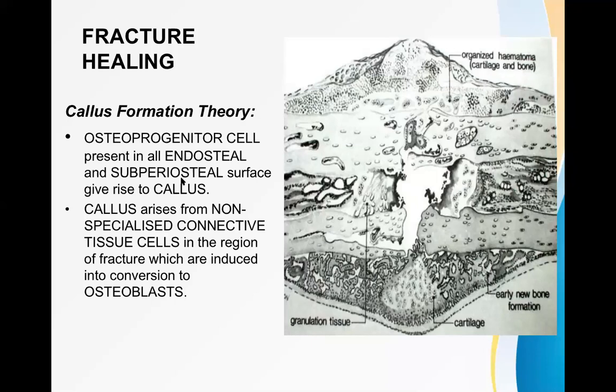Subperiosteal means the periosteum is the source, endosteal means the bone marrow side is the source. So again the same thing is coming. Slowly they differentiate into osteoblasts, and then the osteoblasts make the new bone which is called woven bone.